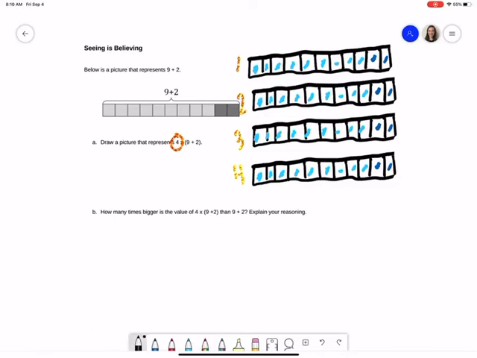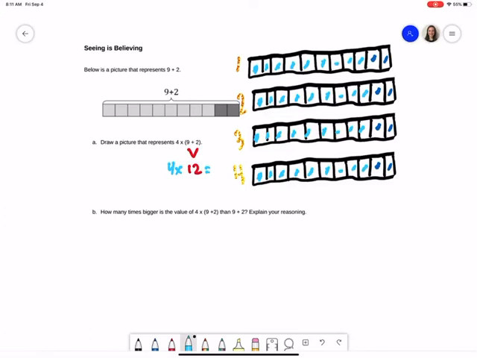Another way to look at this is, like we said, we could do 9 plus 2 because it's in the parentheses first, so that equals 12. And then we could do 4 times 12. Okay, so what is 4 times 12?